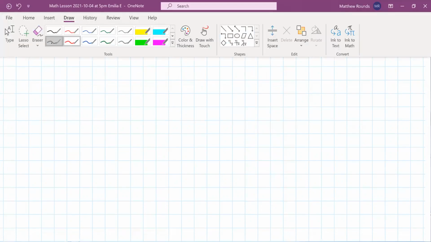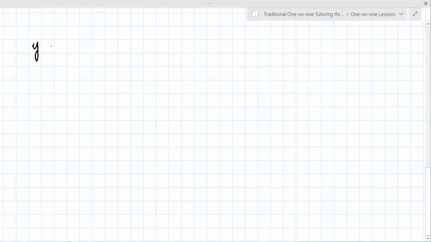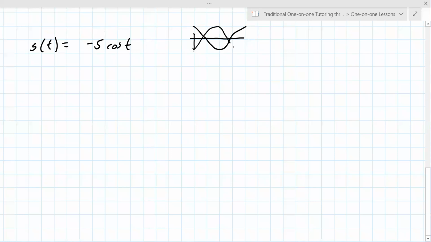All right, so let me switch colors here back to the black. So we have y or S of t. The S doesn't matter, but they do use that. S of t equals -5 cosine t. So again, this cosine normally starts high, goes low, and comes back up. The minus flips it, and then the 5 expands it.